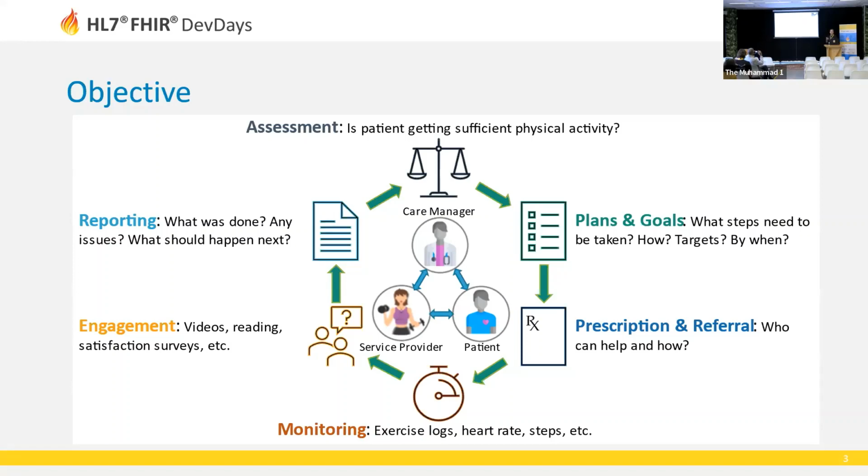And if not, making a decision to say, I'm going to help you, provide support for you to become more active, because we know that physical activity is one of the most effective things and one of the cheapest things that we can do to improve patients' health.